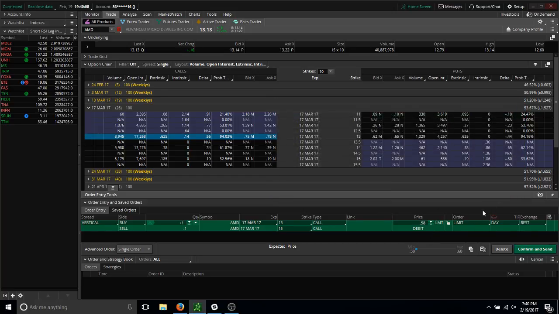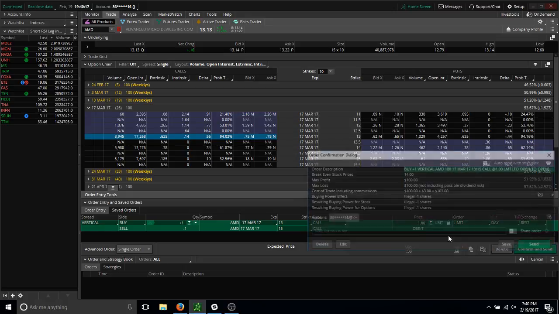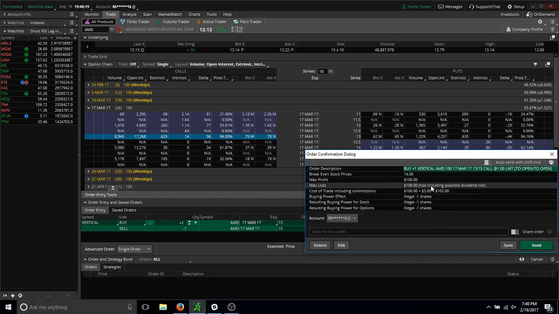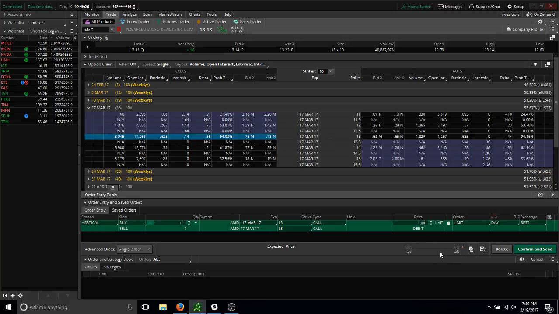If this is $1, then it's literally 1-to-1 odds. At the least I want right about 1-to-1. In this case, it's a little bit more in our favor at 58.